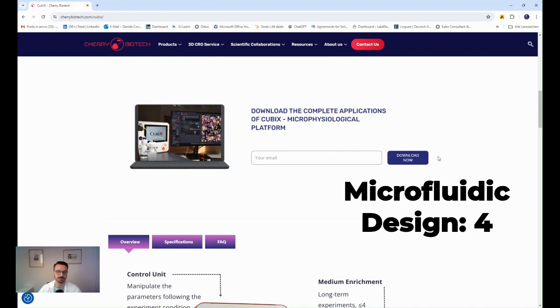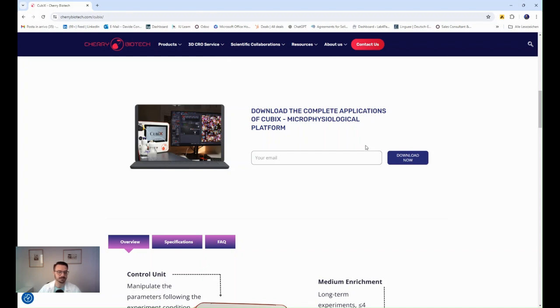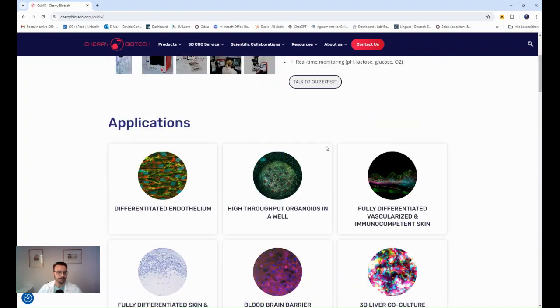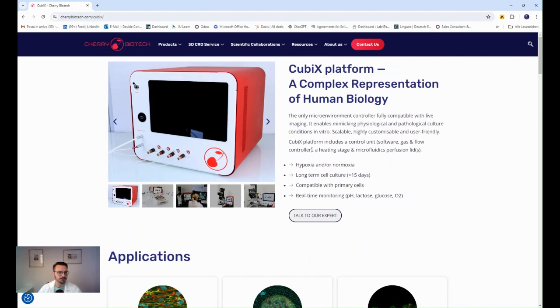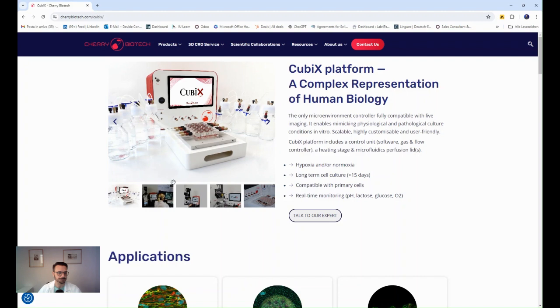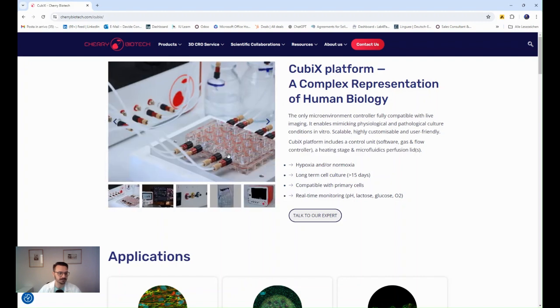In terms of integration and connectivity, the number of models that you can have in the system is limited. You can see here from the model that the number of inlets and outlets is limited.